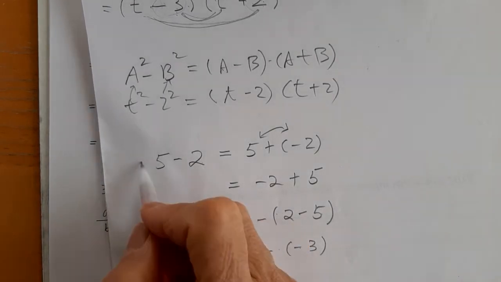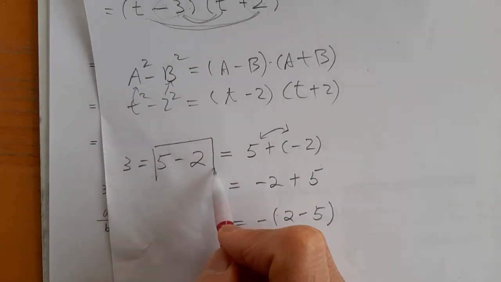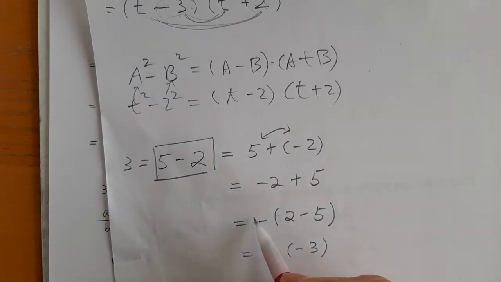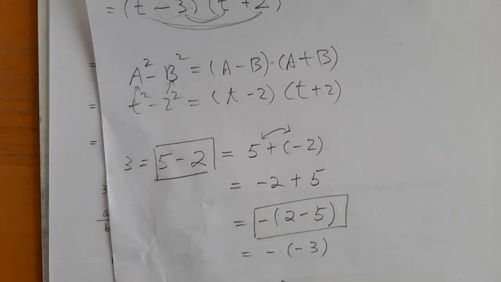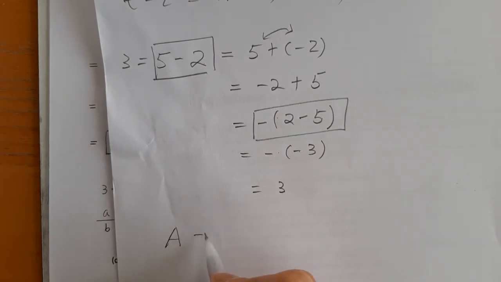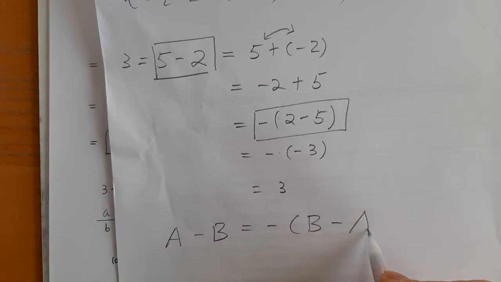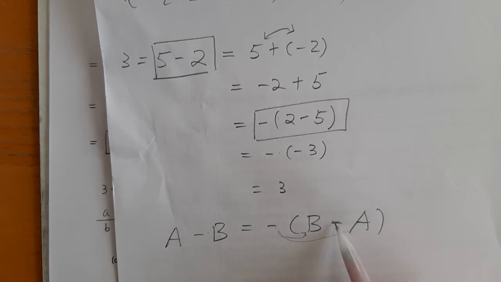And 5 minus 2 also equals 3. So 5 minus 2 is equal to negative quantity 2 minus 5. So therefore, A minus B is equal to negative quantity B minus A. You can distribute the negative in, and negative times negative is positive A.